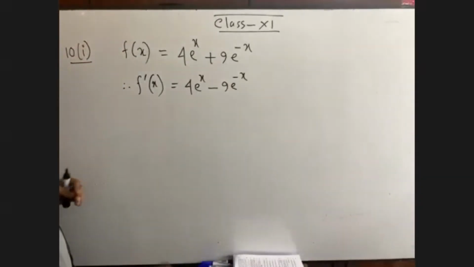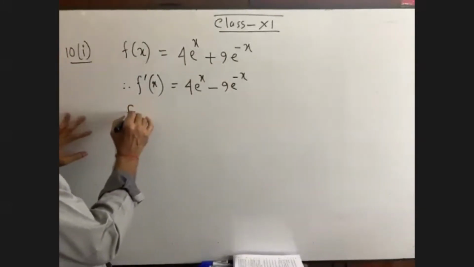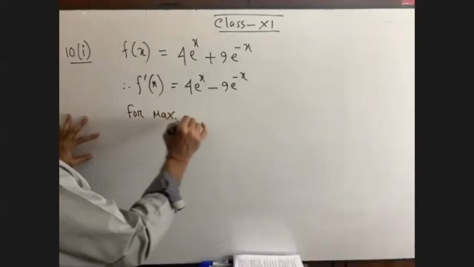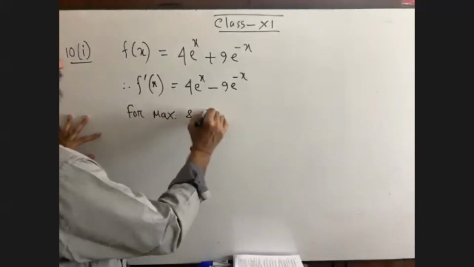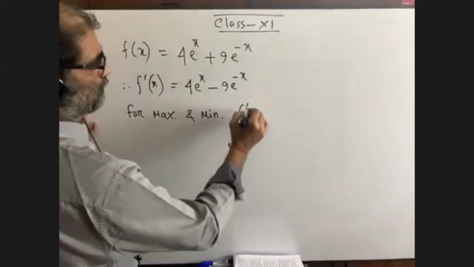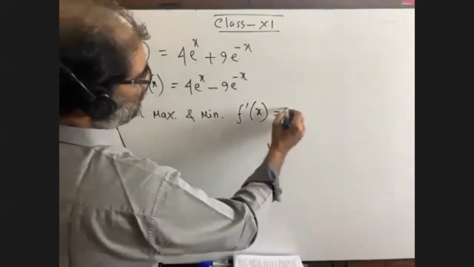Now, can you remember what I used to write for maxima and minima? For maximum and minimum, the first derivative of the function is equal to 0.